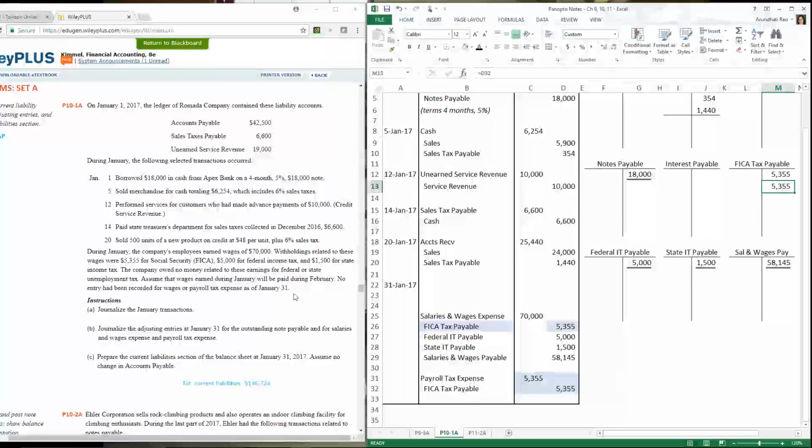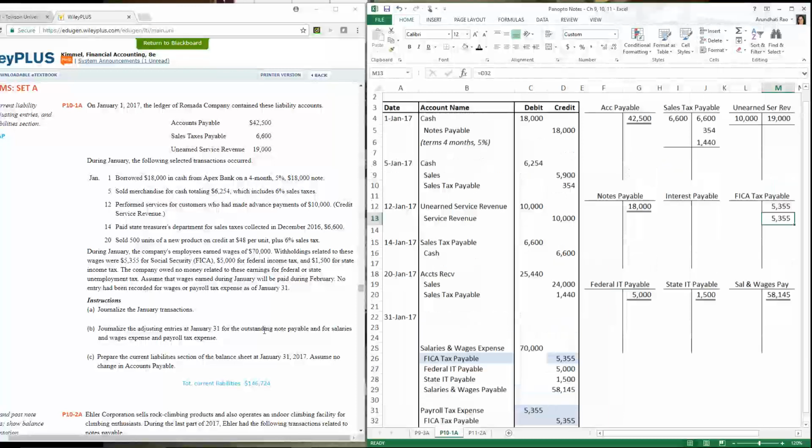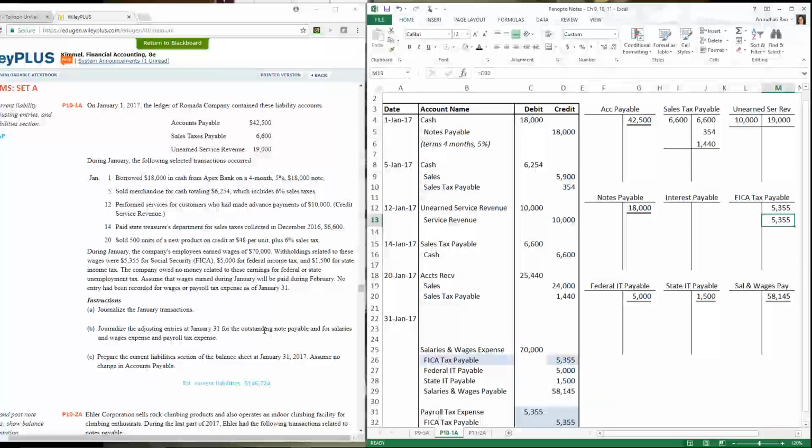Okay. Now we've taken care of everything that's up over here, but we still have to take care of one more item. This notes payable, the very first thing that we had over here, we borrowed money. At the end of the month, I have to accrue interest. I'm not going to pay the interest right now. I'll pay it at the end of 4 months when I repay the note. But each month, I go to recognize the fact that interest is accrued.